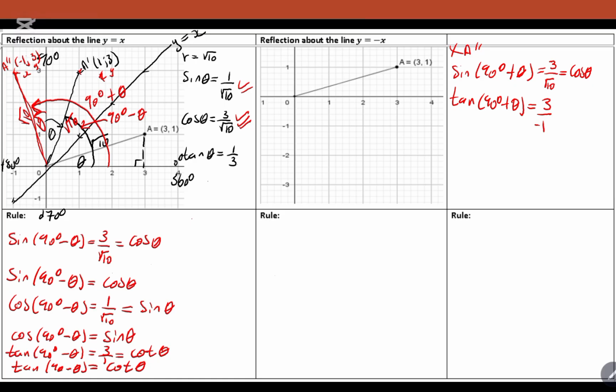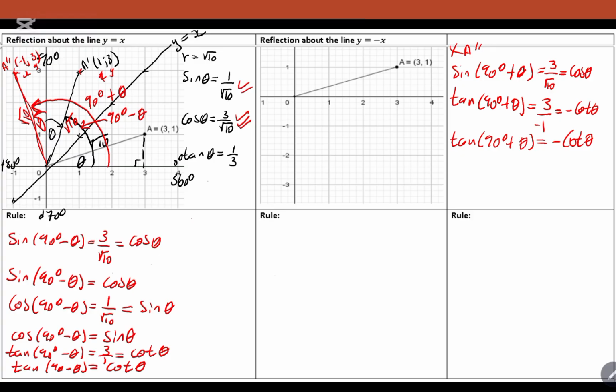But from our first column, we saw that 3 over 1 represented the reciprocal of tan theta, which is 1 over 3. But this is negative, so this is equal to negative cot theta. Therefore, tan of 90 degrees plus theta is equal to negative cot theta.